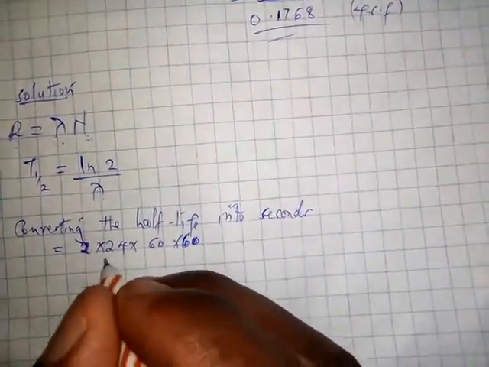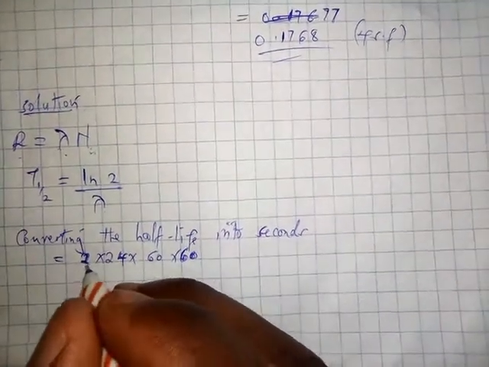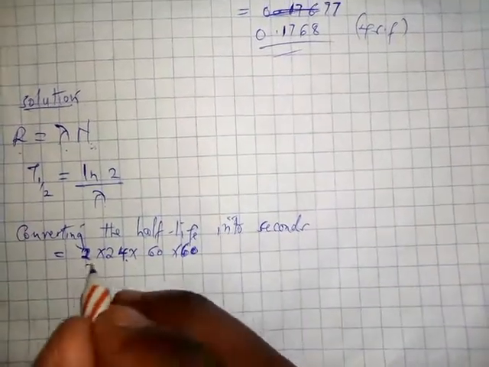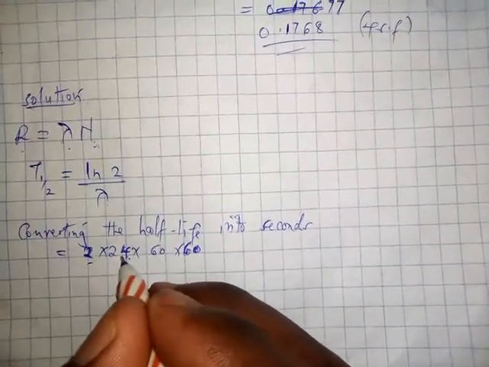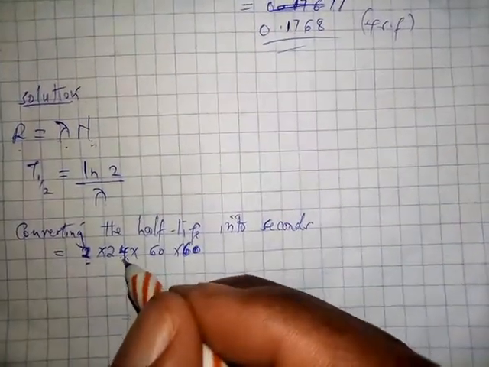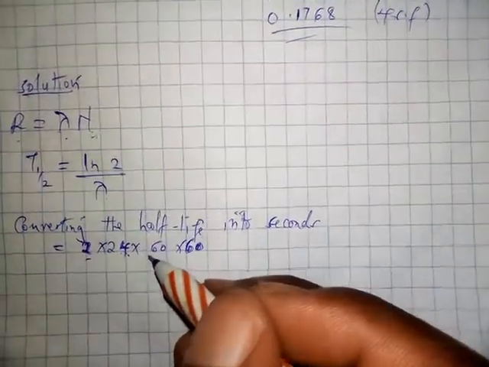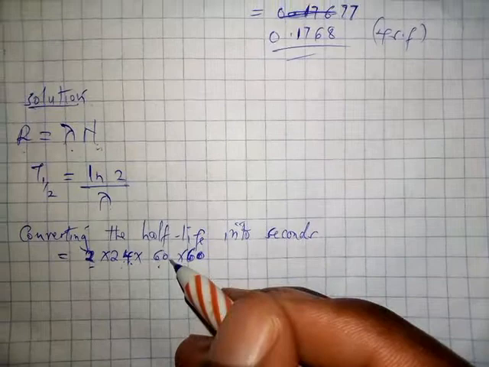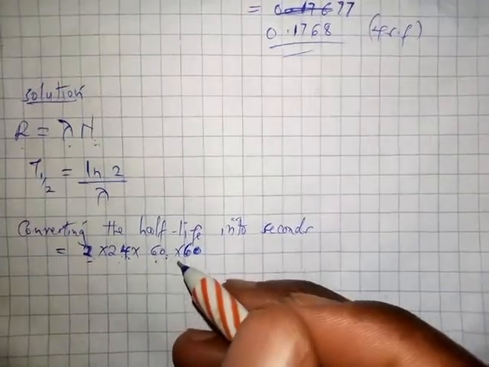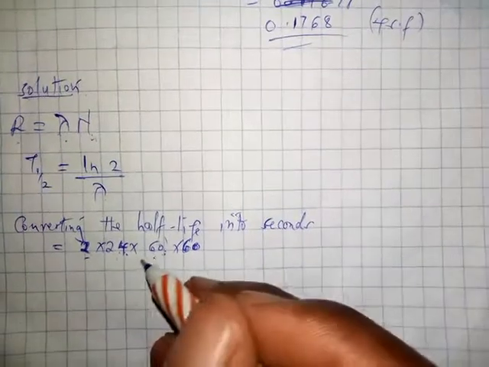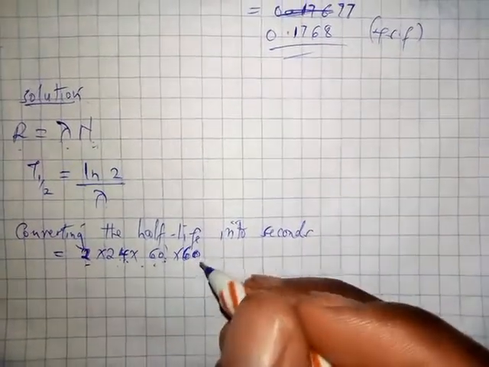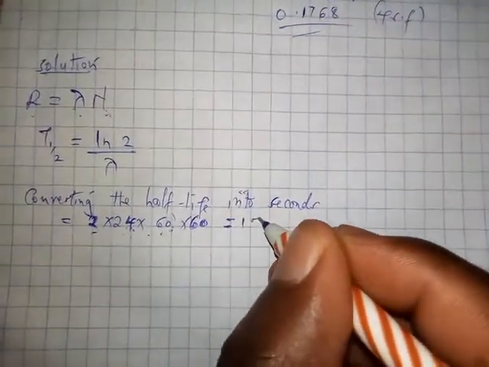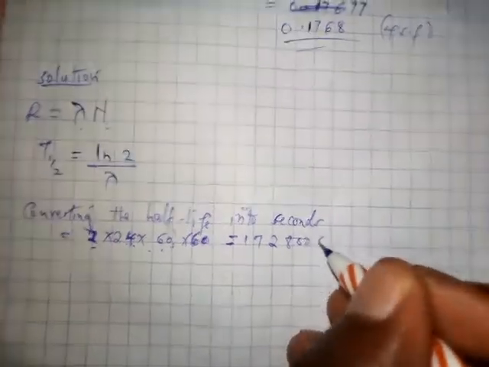One day consists of 24 hours, so we multiply 2 days by 24 to get hours. Then 1 hour is equals to 60 minutes, so we multiply by 60. And 1 minute is equal to 60 seconds, so we multiply by 60 again. We get 172,800 seconds.